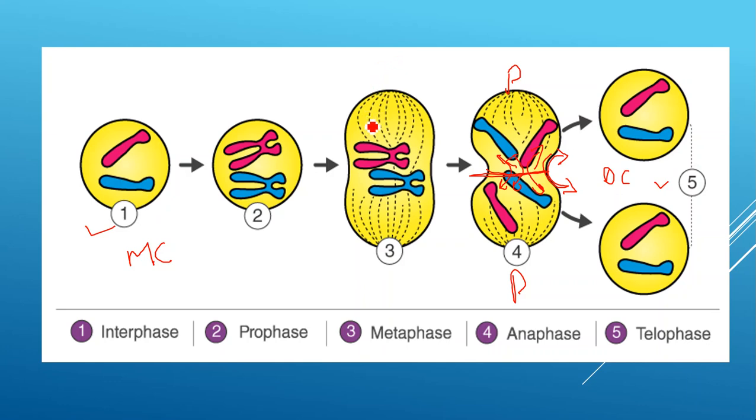Cell plate formation means, for example, if you have a large room and you want to divide it into 2 equal rooms, in that condition what will you do? You can't make the walls closer so that it divides into 2, as in the case shown here, right? This is the case of an animal cell.